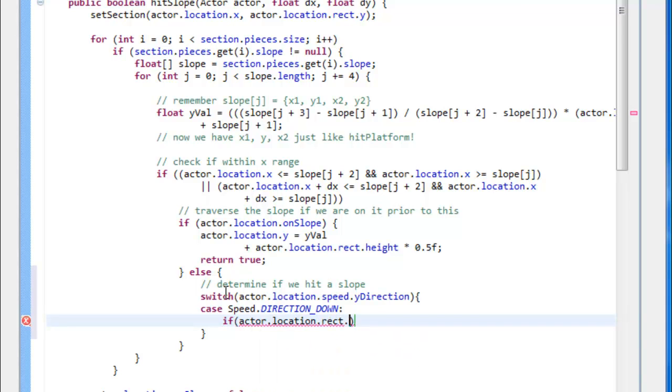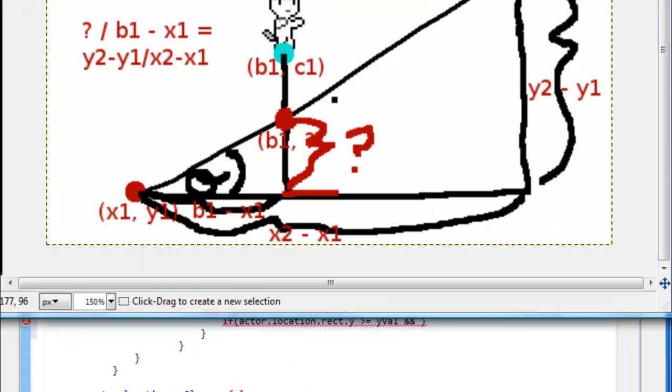The feet of the actor greater than or equal to the y val. So this is the initial position of the feet of our actor, and the final position of the feet of our actor passes that. So again, this is what we're doing. Is it in here? Nope.